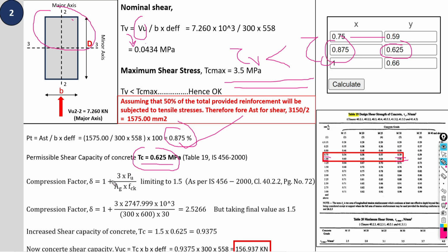To increase the shear capacity, we have a factor, the compression factor, delta, which is shown here. It is given in your IS code that your concrete resisting capacity can be increased by this factor. Why? Because your column is a compression member, subjected majorly to compressive force.